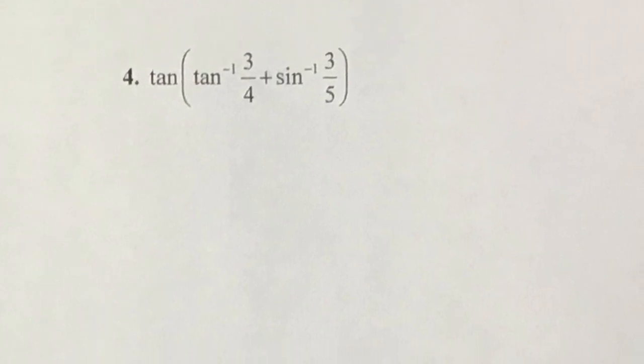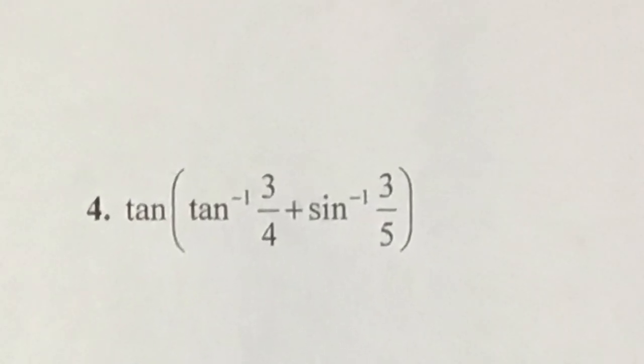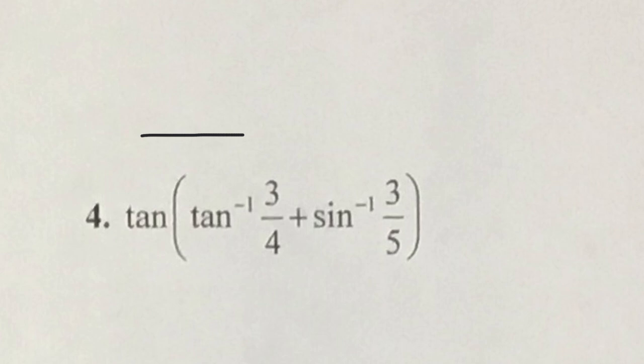This one is a tricky one, because what do we notice about 3/4? Is 3/4 a unit circle value? The answer is no, which means we have to draw ourselves a triangle. This is our angle A, where the tangent has to be 3/4.